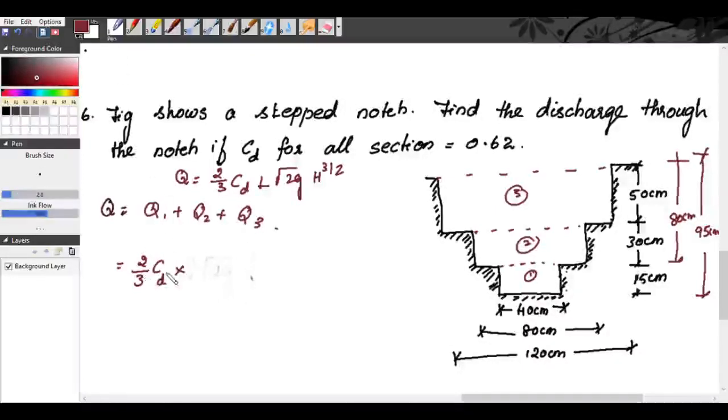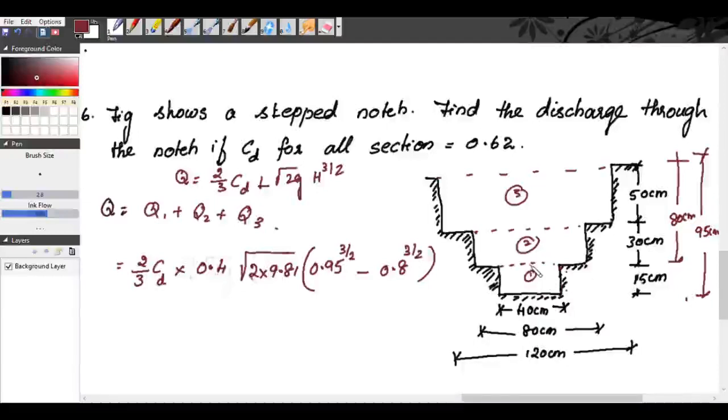L is 40 centimeter, that is 0.4 meter, into square root of 2 into 9.81 into this H raised to 3 by 2. So it is 0.95 raised to 3 by 2 minus 0.8 raised to 3 by 2. See, this minus this.